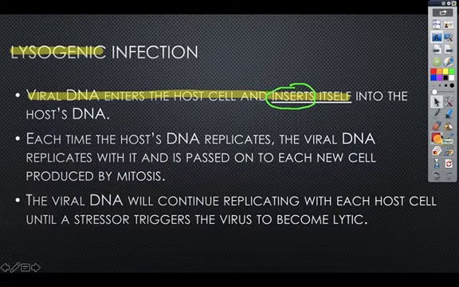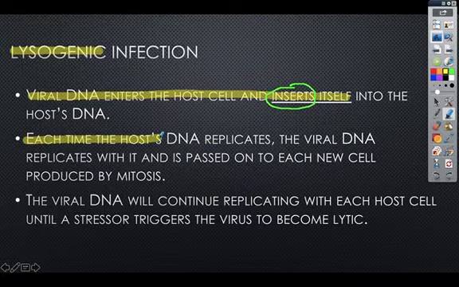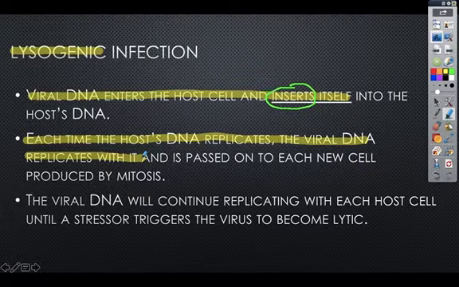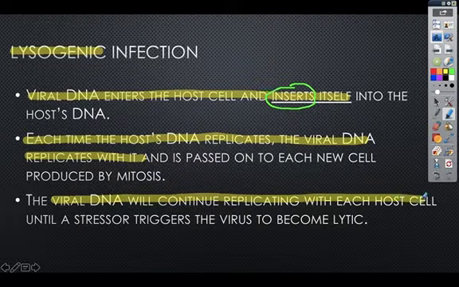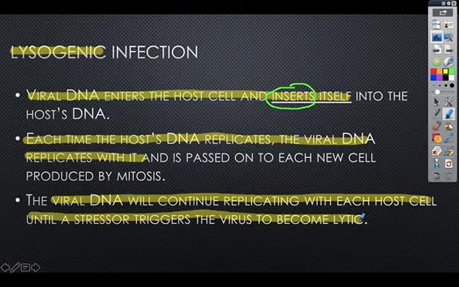It becomes part of what's going on and doesn't immediately start taking over. So each time that the host DNA replicates, the viral DNA replicates with it. And then it's passed on to each new cell produced by mitosis. So it's kind of a gradual thing. And then the viral DNA will continue replicating with each host cell until a stressor triggers the virus to become lytic.